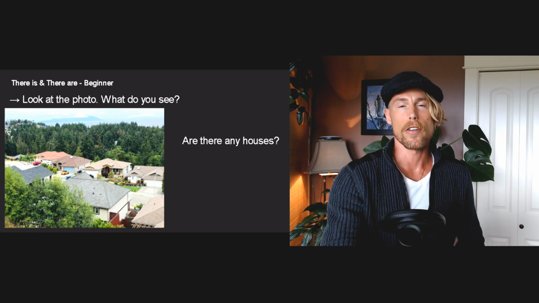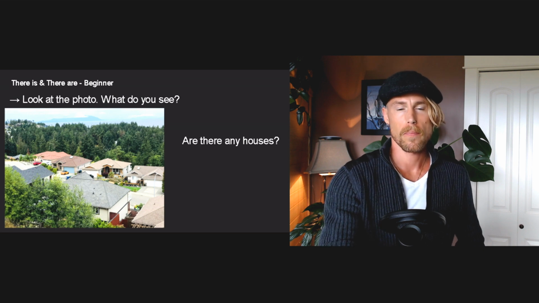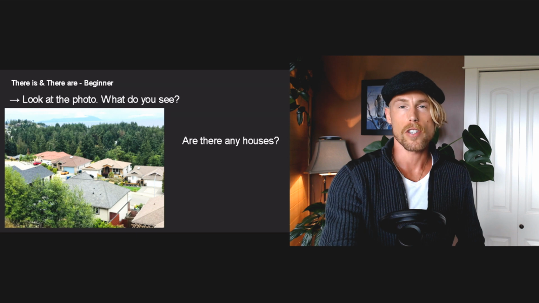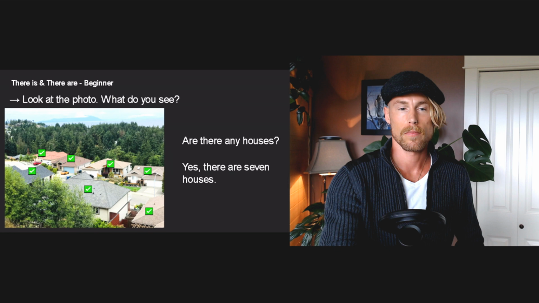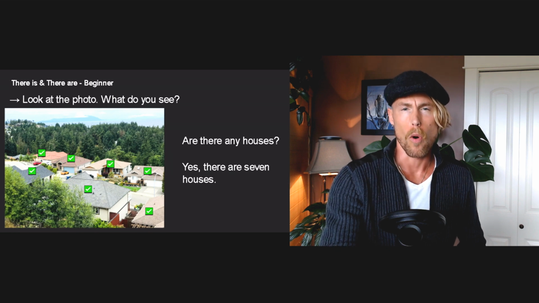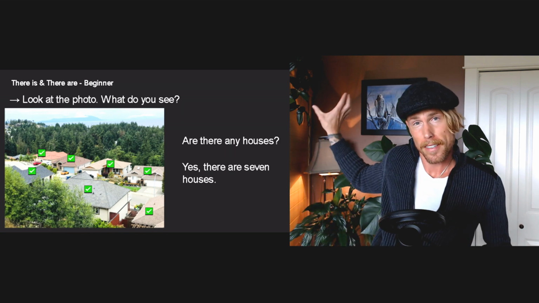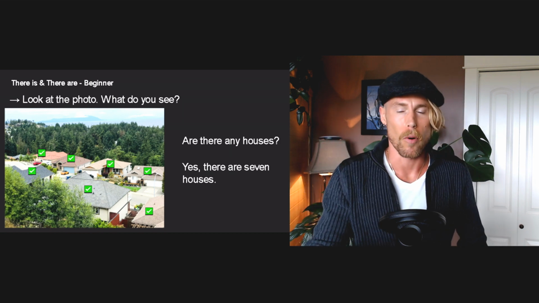Okay, are you ready for the answers? First question, are there any houses? Yes, there are 7 houses. I know there are more houses in the background, but it's not important.